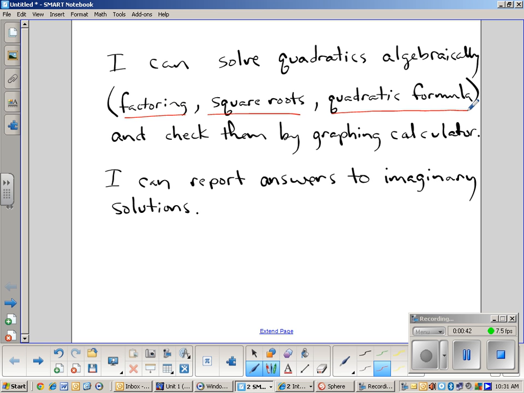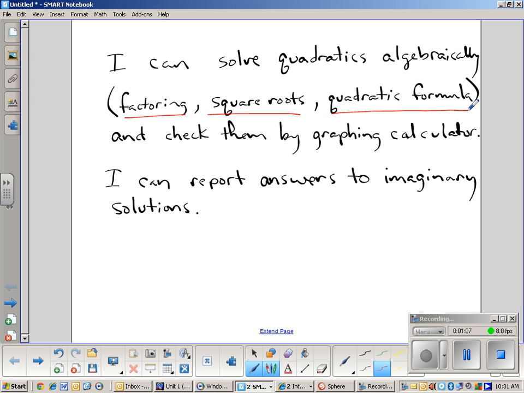Some of them, and that's what we're going to practice today, are set up for factoring. Some are set up for square roots. Some are set up for quadratic formula. Okay? They're done more easily by one of the three methods than the other two, but that doesn't mean it has to be done that way.